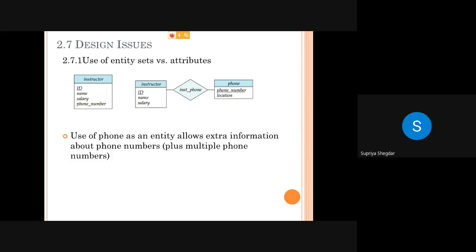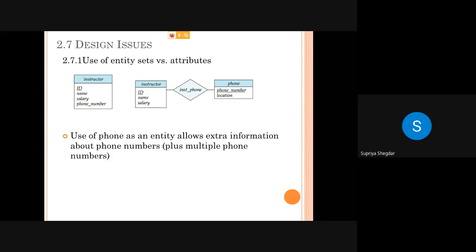Consider here the instructor entity set with phone number as an attribute. And we know that phone number is a multi-valued attribute. So using the phone as an entity allows extra information about the phone number, plus it allows multiple phone numbers.